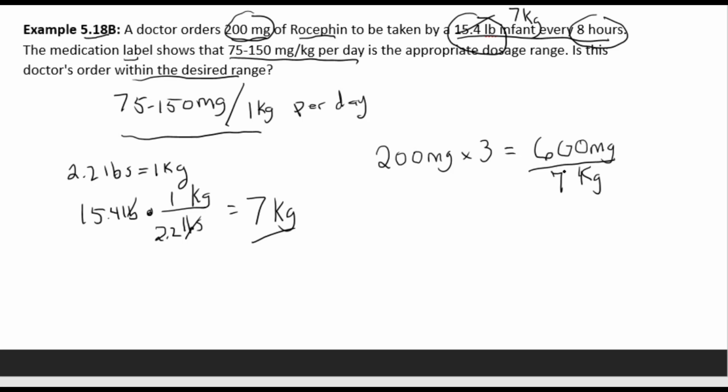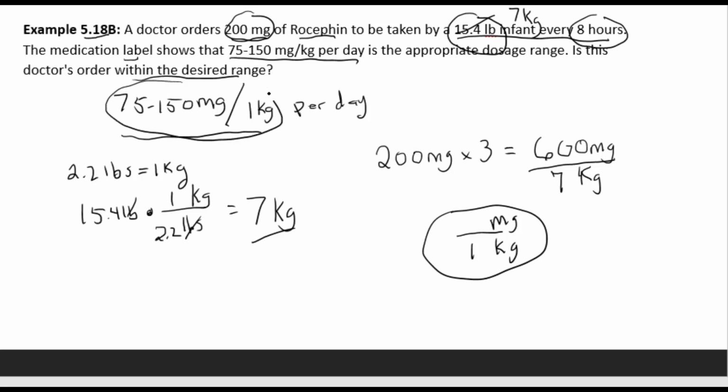If I divide this, I'm going to get milligrams per 1 kilogram. And then I can compare this to the actual daily dose.